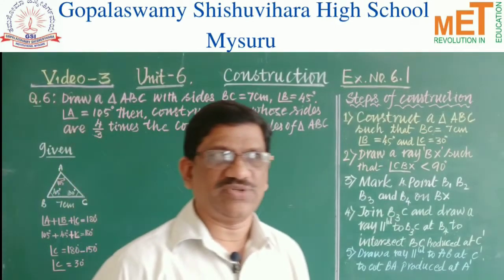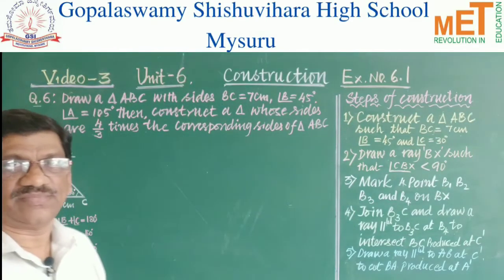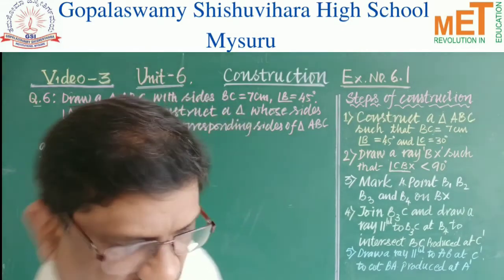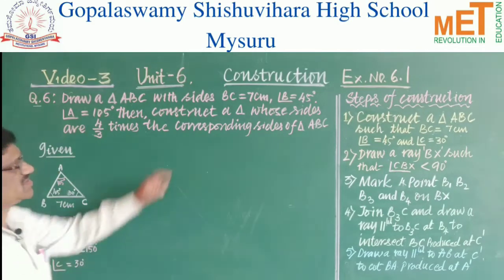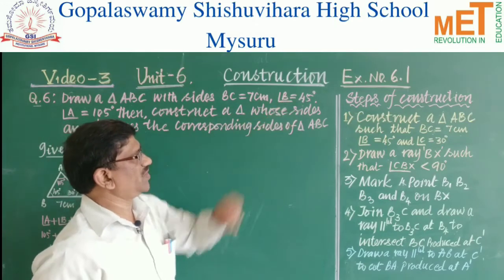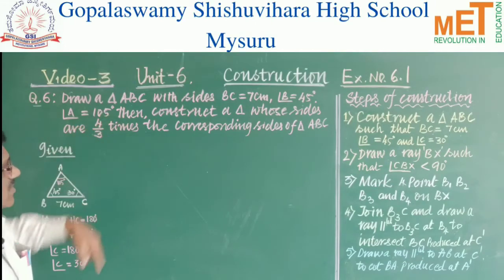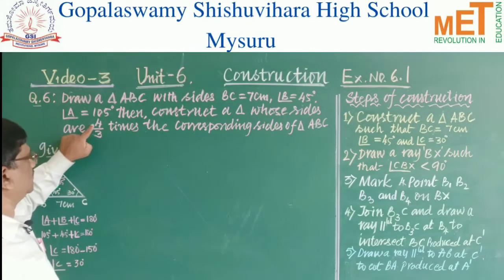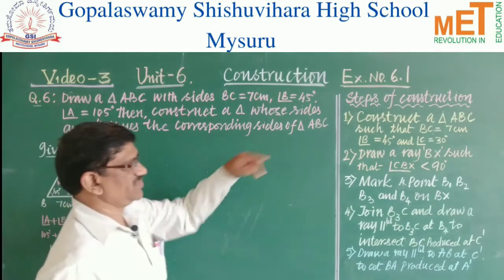Okay, children, we shall move on to the next sum, that is the sixth sum in the exercise. Let us see what it says. Draw a triangle with sides BC equals 7 centimeter, angle B is equal to 45 degree, angle A is equal to 105 degree, then construct a triangle whose sides are 4/3 times the corresponding sides of the triangle.